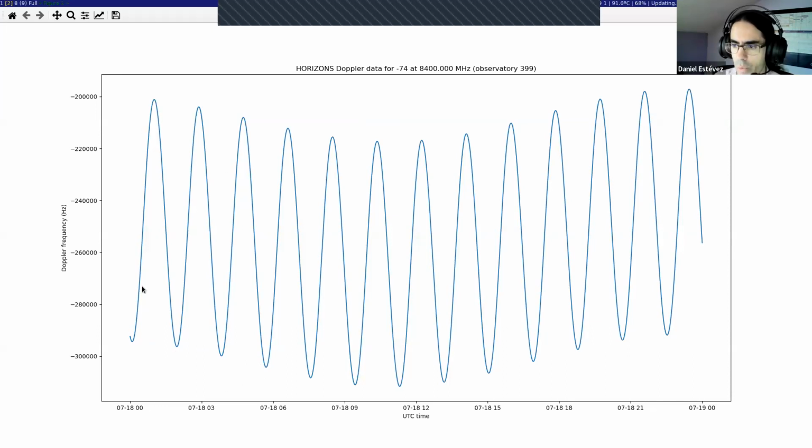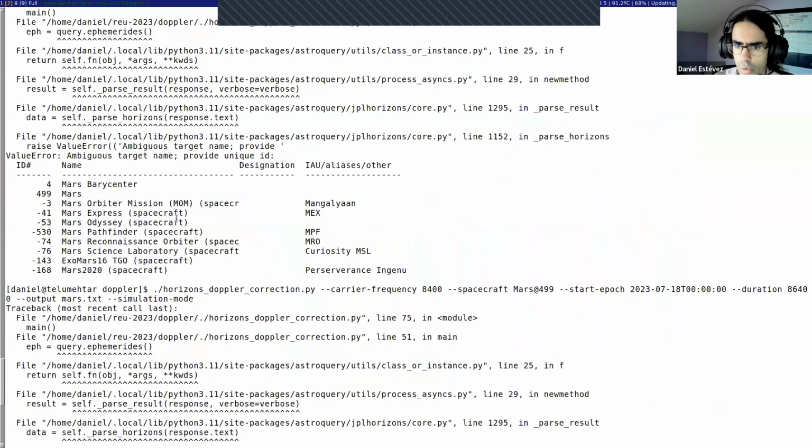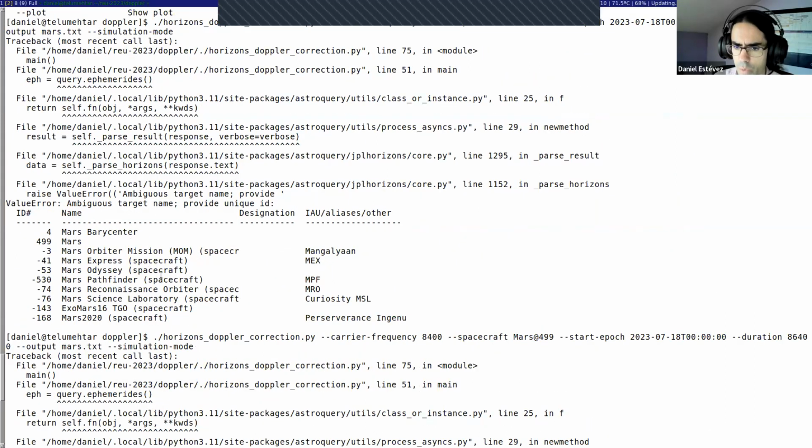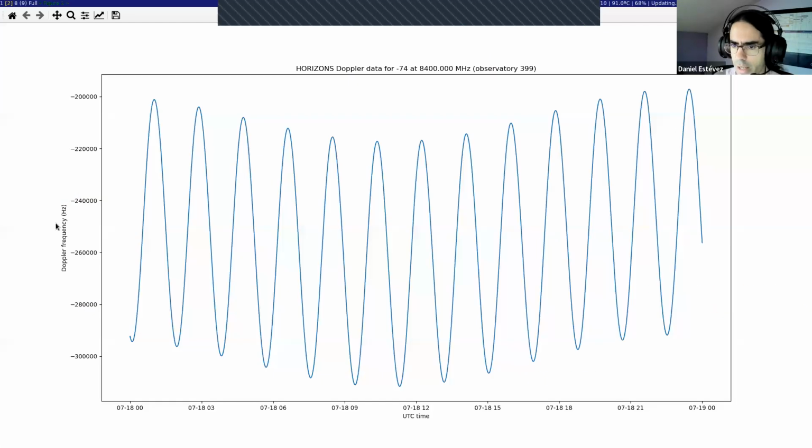And then because of the rotation every 2 hours, we get this additional Doppler effect. And there is no way we would have computed this with AstroPy. We need the trajectory of the spacecraft around Mars. And if we choose any other of the Mars orbiters, we will see that the Doppler curve is different. So either the amplitude is different, or the period is different, or most likely the two of them, because all the spacecraft are in completely different orbits.